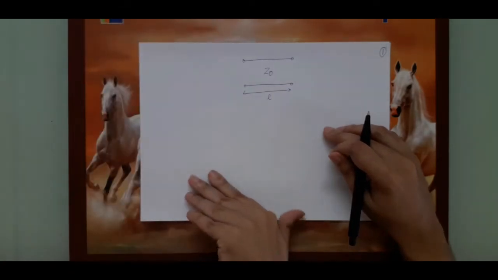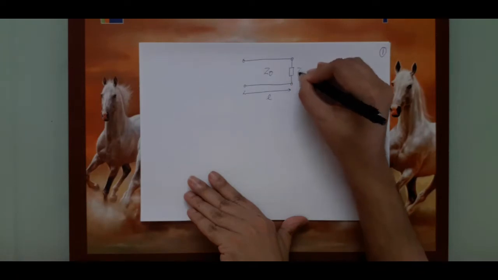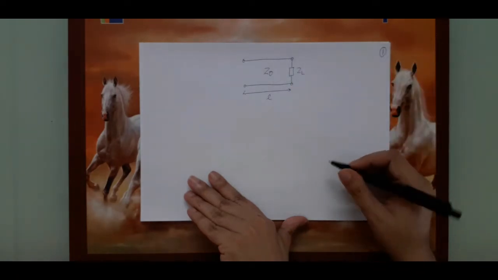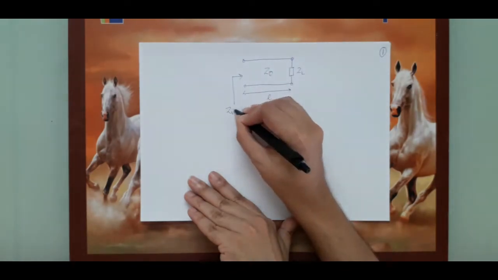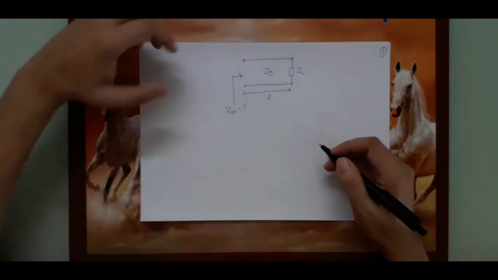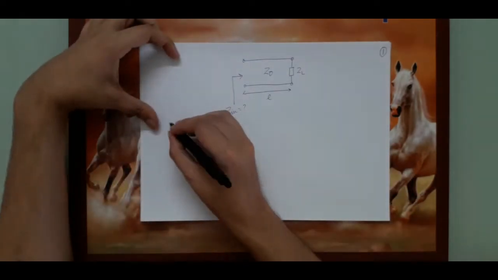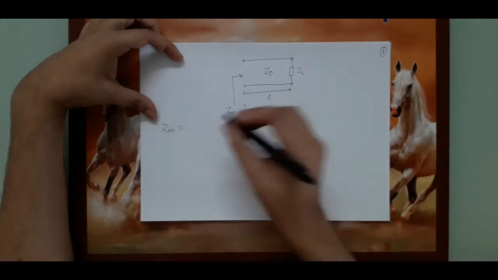Now if I connect a load impedance ZL, then what will be the impedance looking onto the other side of the line? So as you know very well by now, we can simply use the impedance transformation relation.